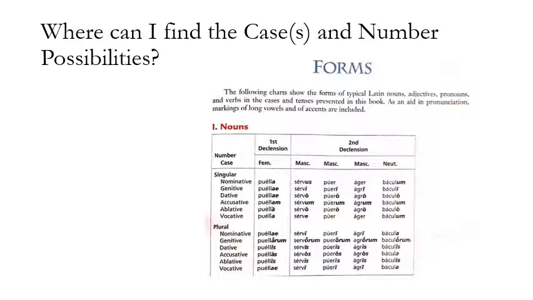This chart is found on page 267. It has all the first declension endings here. It has all the second declension endings here. And if you happen to have your book open, you'll see it also has the third, fourth, and fifth declension endings. At this point, you just need to know the first, second, and third.